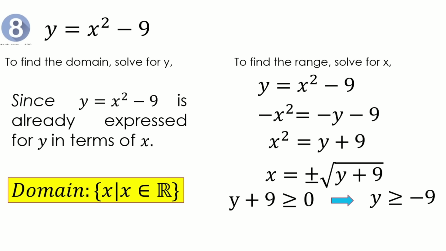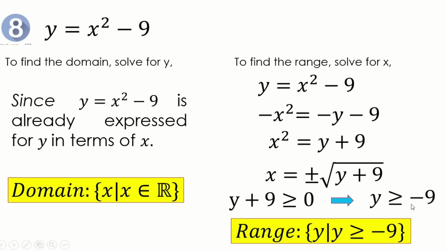So, what will be your range there? Just copy this. Okay? So, y is a set of y such that y is greater than or equal to negative 9. So, that is the value of your range. Again, why did our answer become like this? Because we have a restriction on radicals: when the value of your x or y is a radical, it must be equal to 0 or greater than 0.